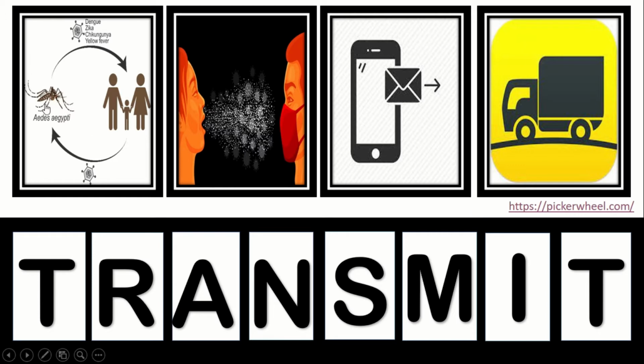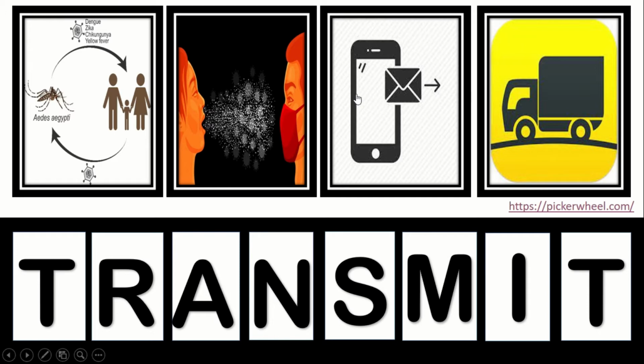So you see the mosquito transmits the virus or bacteria to the members of the family. This one, the virus, maybe the COVID virus, will transmit virus to another person, but this person is wearing a mask. You see, no virus is being transmitted.